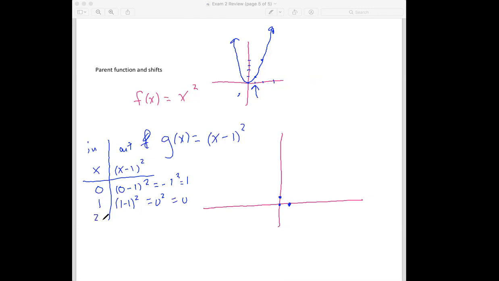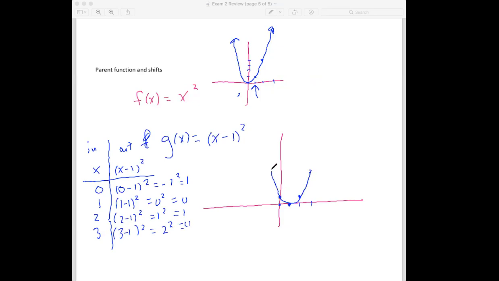When we put in a 2: 2 minus 1 squared, 1 squared, which equals 1. When you put in a 3: 3 minus 1 squared, which equals 2 squared, or 4. So when you put in a 3, you get out a 4.